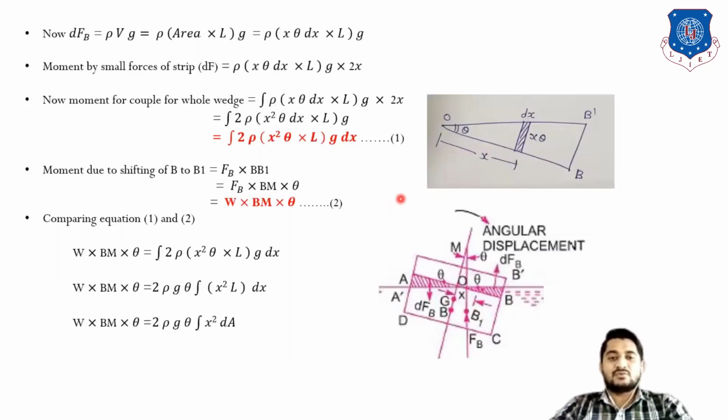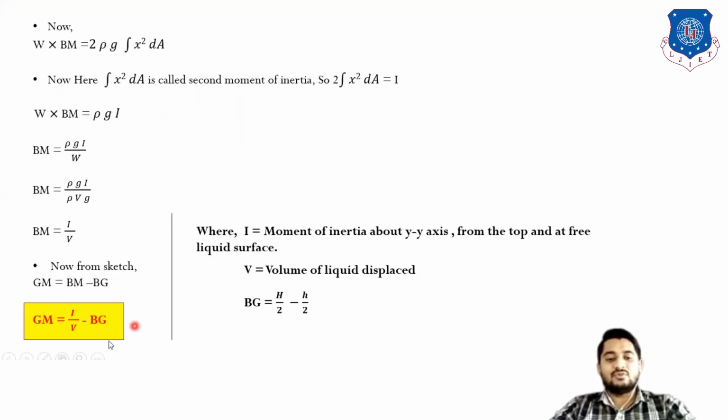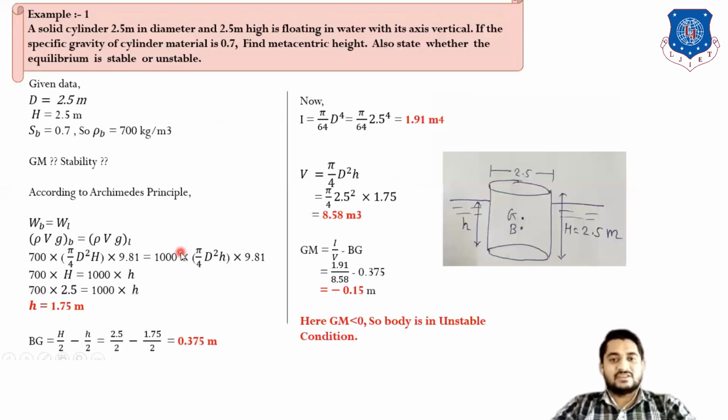For that, first we find the moment due to one small force, then we integrate it. This is equation number 1. In the opposite direction, we take the moment of the resultant force and balance it with equation number 1. After comparing, our value will be Gm is equal to I by V minus Bg. Clear? For better understanding, let us solve one or two examples based on this method.